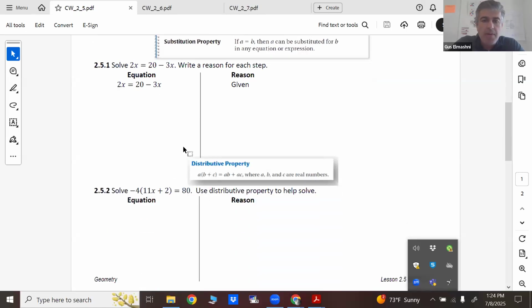So the way this will work, for example, for 2.51, obviously I'm going to add 3x to both sides. That's called the addition property of equality. So I have this now. Actually, I'll write like this.